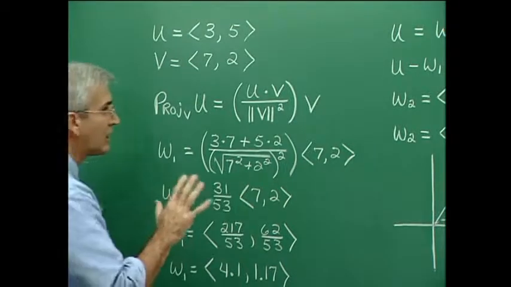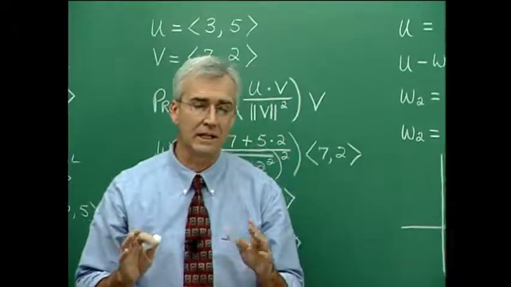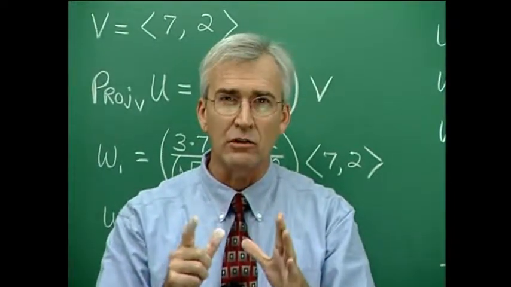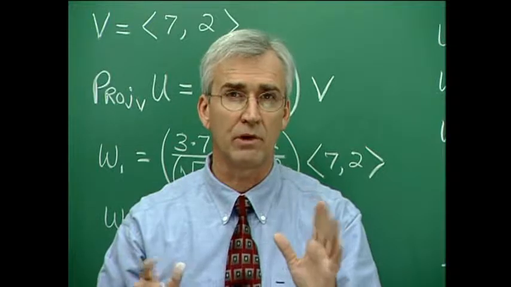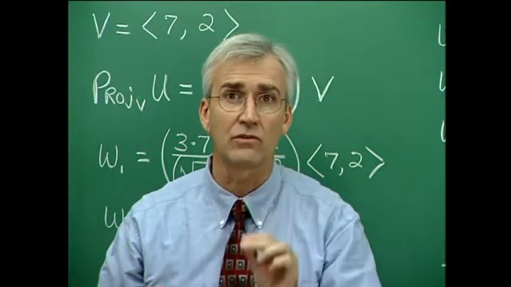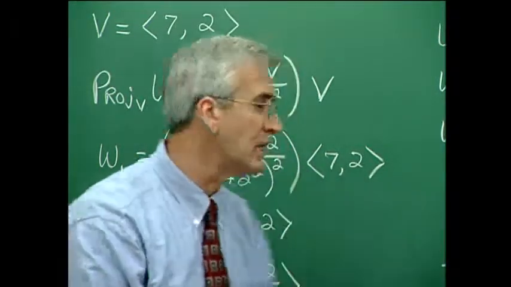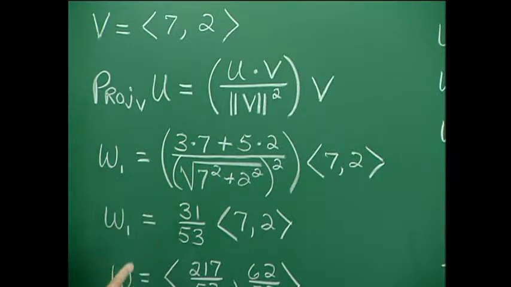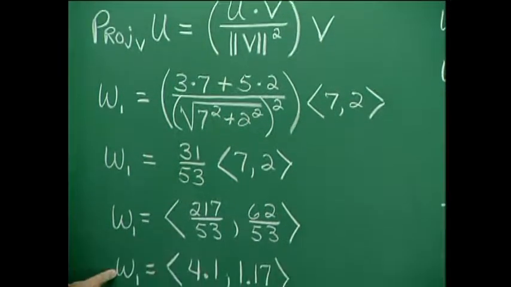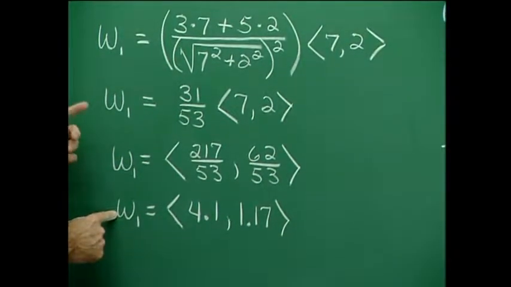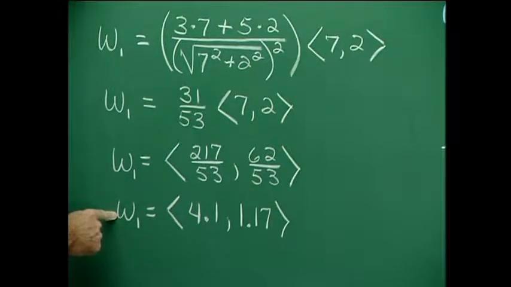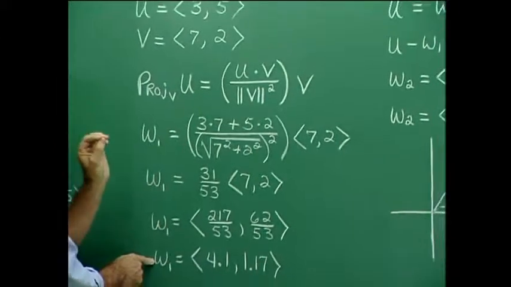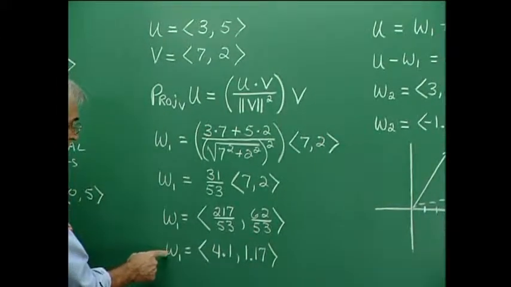Now here's the kicker. We talked about subdividing a vector into horizontal and vertical components that are themselves vectors. Now what we want to do is think about the vector which is orthogonal to w sub 1, which together with w sub 1 would give u. That is, we want to subdivide u into orthogonal vectors, one of which is w sub 1.